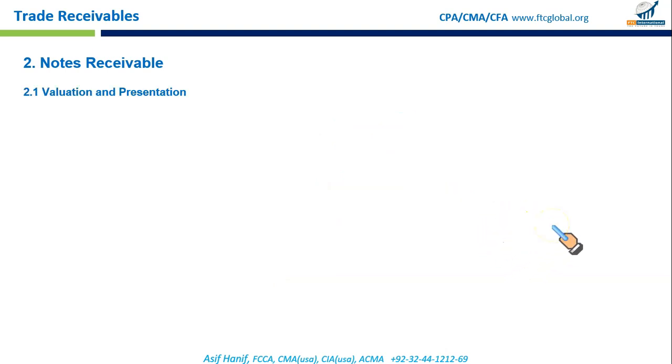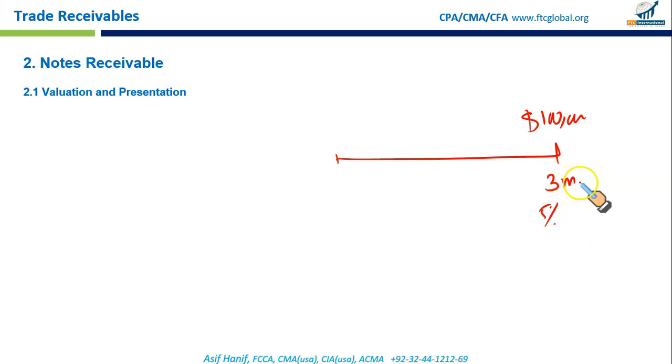Now the issue we have is valuation and presentation. How do we value a note receivable? Let's say a note receivable of 3-month maturity with a 5% interest. We need to report it at the balance sheet date, like it's maturing at the end of March 31st, March 2025, and right now it's 31st of December 2024, right?